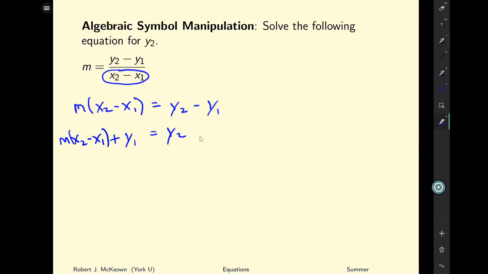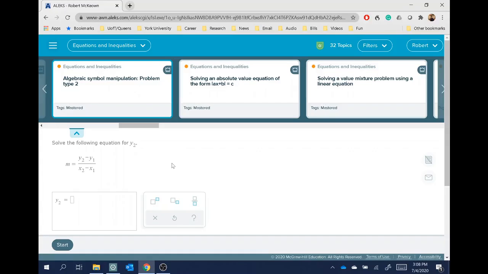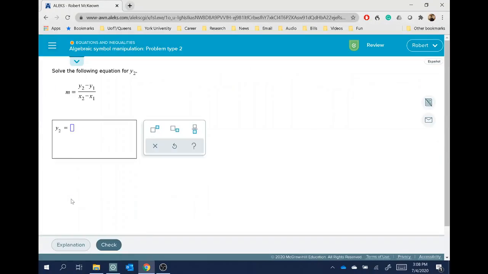And there's my answer. Now let's go ahead and put it into ALEKS and see if it's correct. So I'm here on ALEKS. You can see the question is the exact same question we solved on the slides. So let's go ahead and input the answer that we came up with. I've got y2 is equal to m times x, and I'll use this button here.